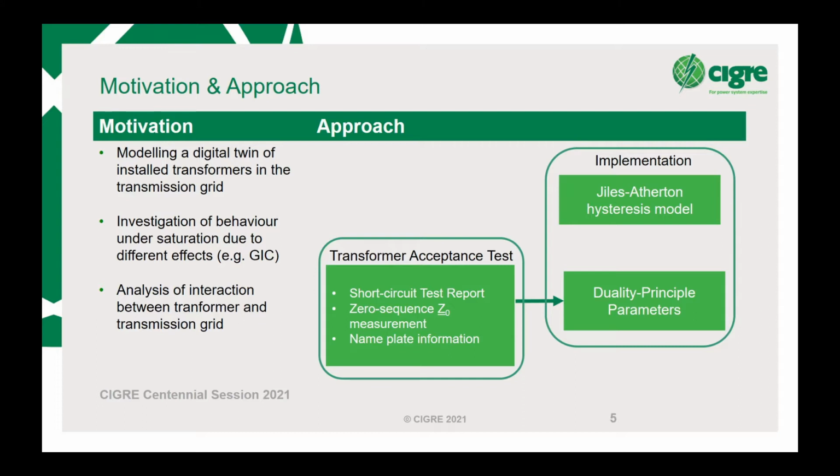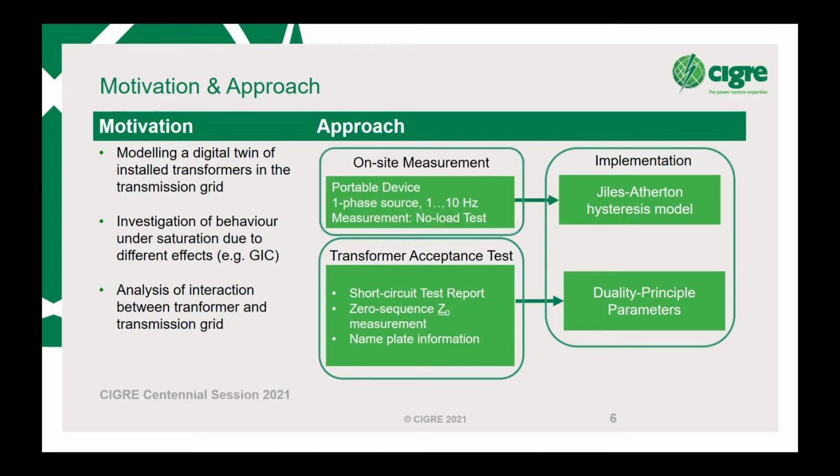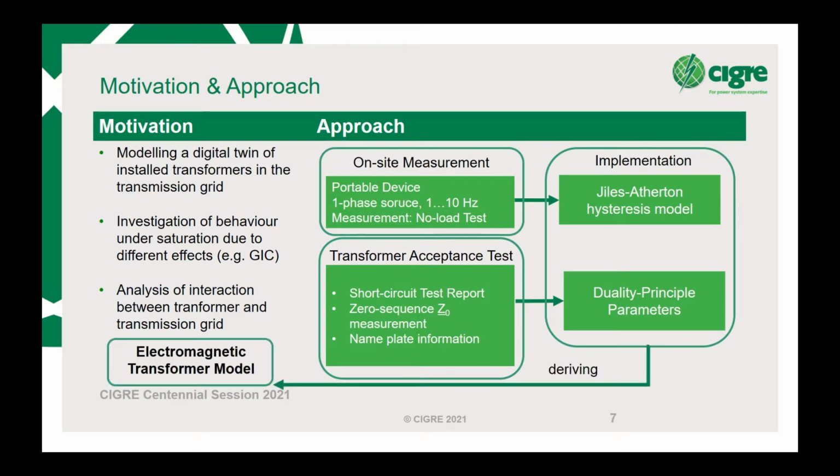And with an on-site measurement where we measure the hysteresis of the core material, we set up the Jiles-Atherton model for the hysteresis implementation. And with that, we are deriving an electromagnetic model of the power transformer, which has the advantage that we actually model the 3 different phases with the magnetic coupling.